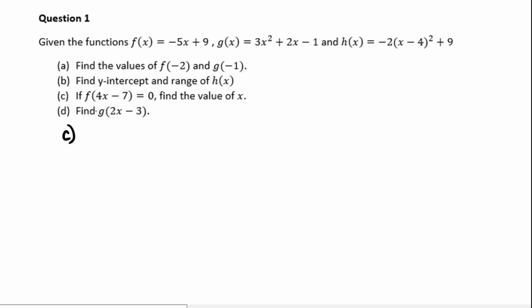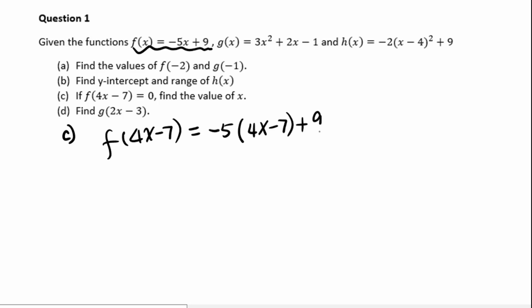Let's go to C. If f of 4x minus 7 equals 0, find the value of x. For f of 4x minus 7, which means for every single x, you will change into 4x minus 7. This is the f of x function. So we have negative 5 times (4x minus 7) plus 9. Distributive property, you will get negative 20x plus 35 plus 9.